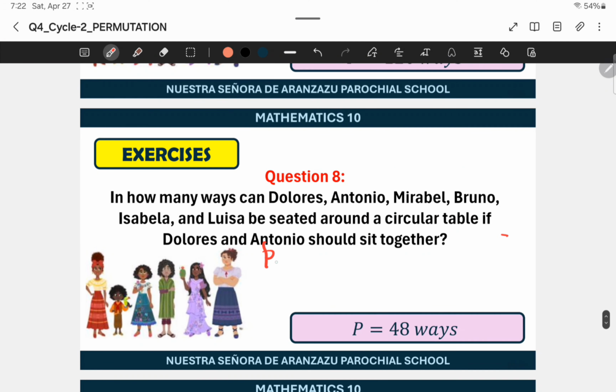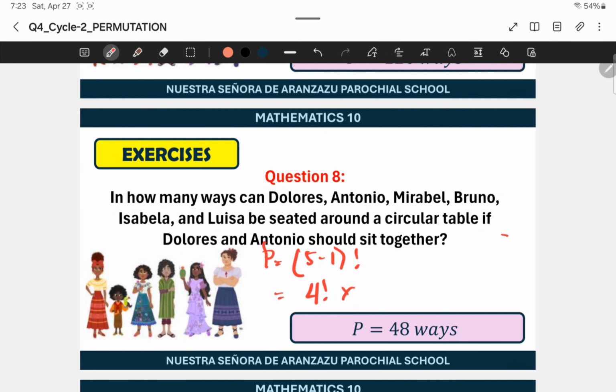So, n minus 1, so that is 5 minus 1 factorial. Nakuha, bakit naging 5? So, pinag-isa natin si Dolores and Antonio. So, ilan na lang yung involved sa arrangement? So, there are 5. So, kung 6 sila, pinag-isa si Dolores and Antonio, meron na lang tayong 5. And 5 minus 1 factorial is 4 factorial.